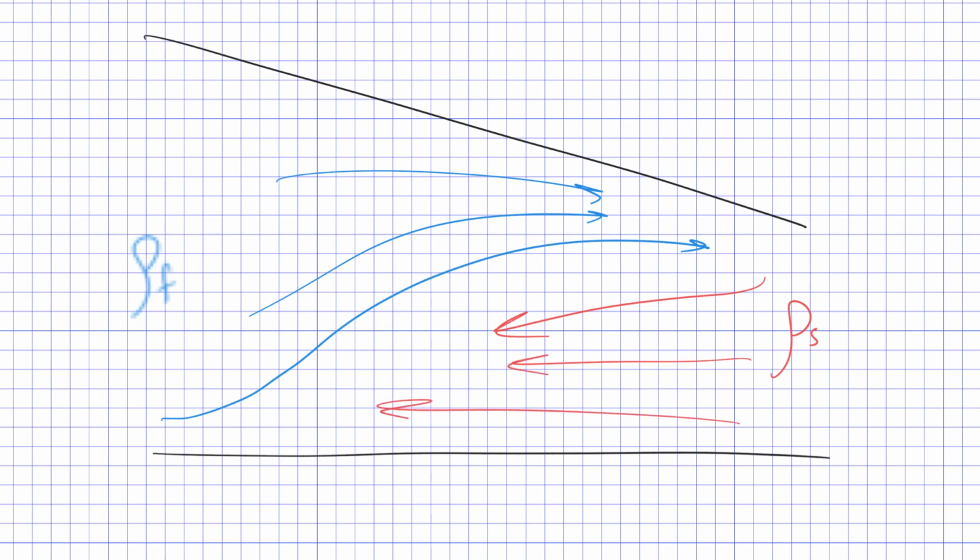Somewhere in here we might draw an imaginary wedge. Everything above that is going out, and everything below that is coming upriver.